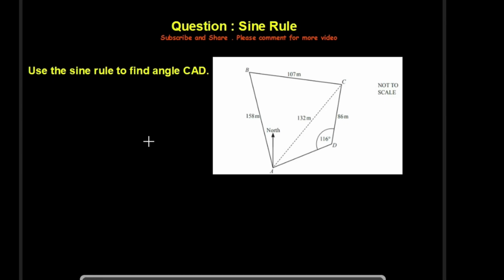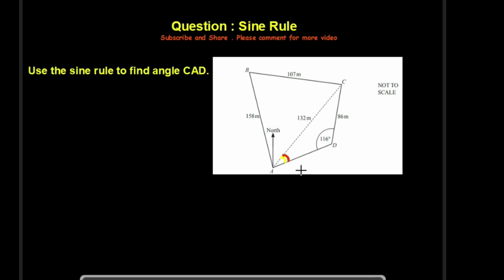If you see this question, ABCD is a quadrilateral and ADC is a triangle as well. They are saying use the sine rule to find the angle CAD. Where is CAD? This is the angle we need to identify.